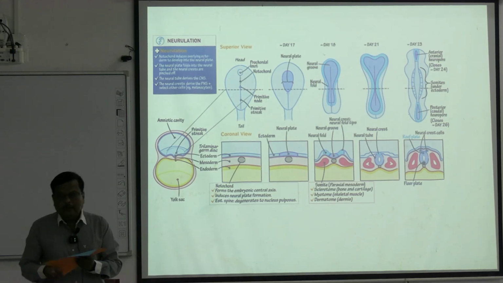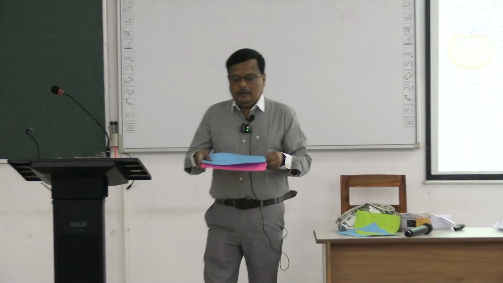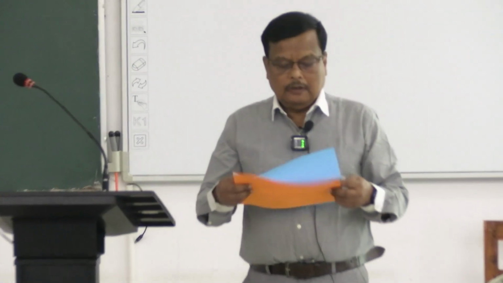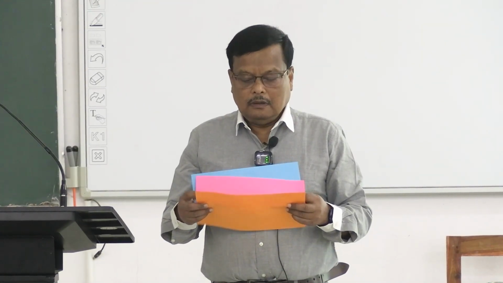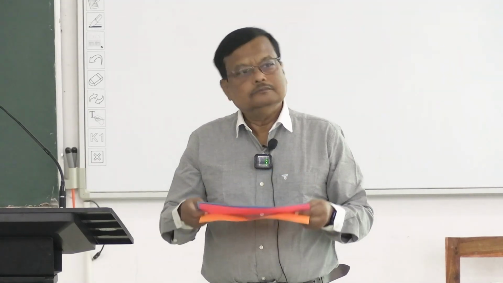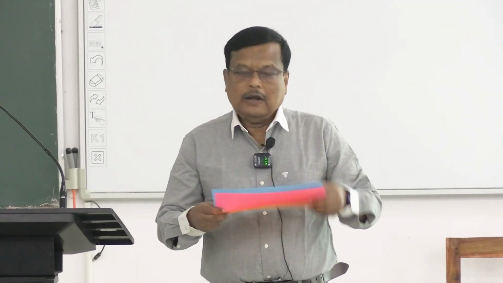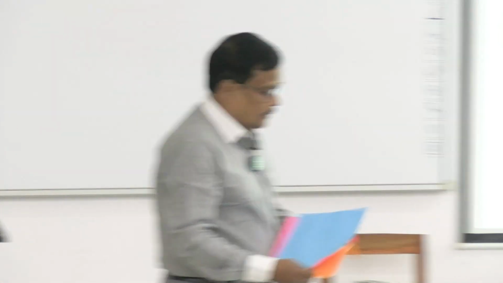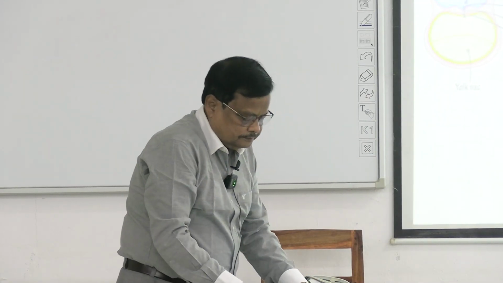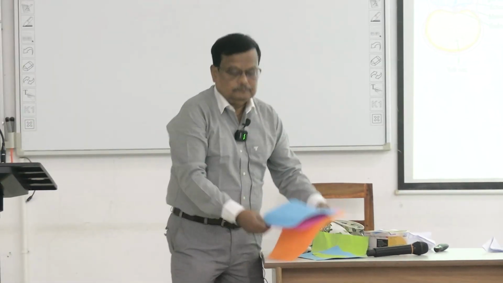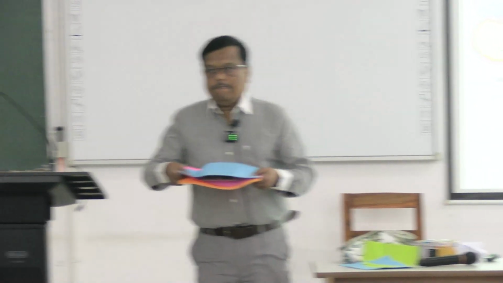So there are three layers: ectoderm, mesoderm, and endoderm. And in between, in the midline, there is a notochord, right?